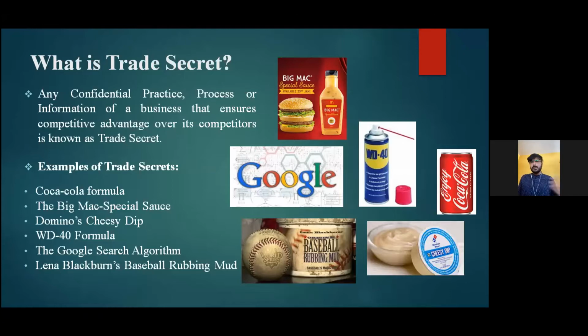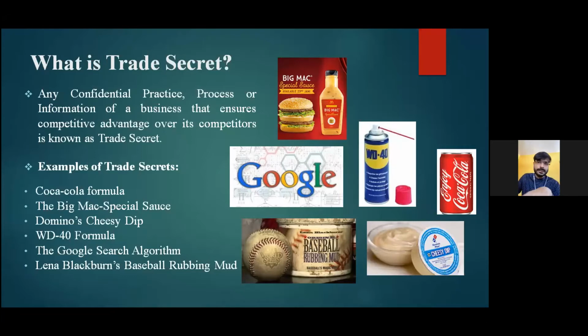Other than this, if we talk about the developed nations, in India we do not have a specific law, but the US has three different laws that protect trade secret within their jurisdiction. One is the Uniform Trade Secret Act, which is the oldest law, from where the definition of trade secret, undisclosed information, has been imported even into the TRIPS agreement.